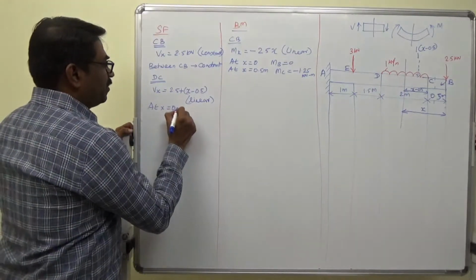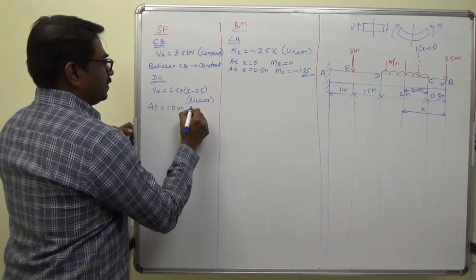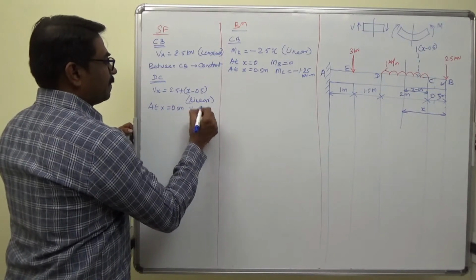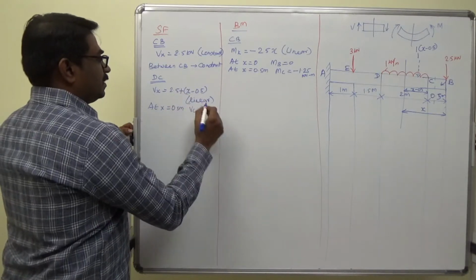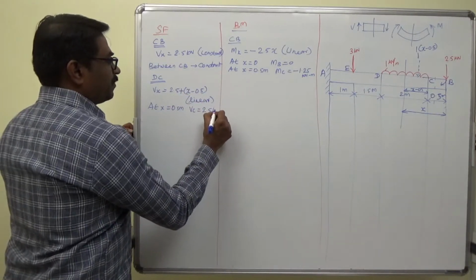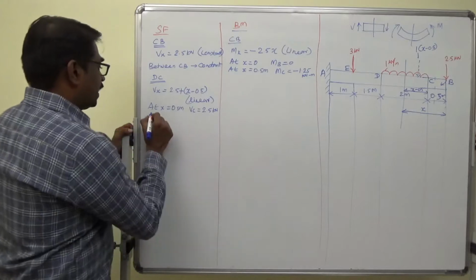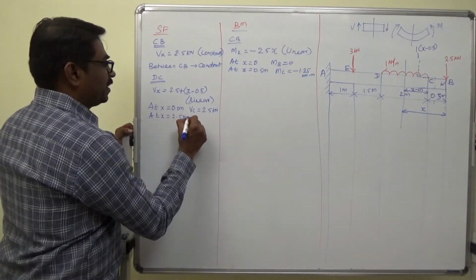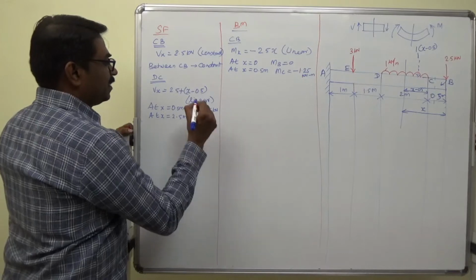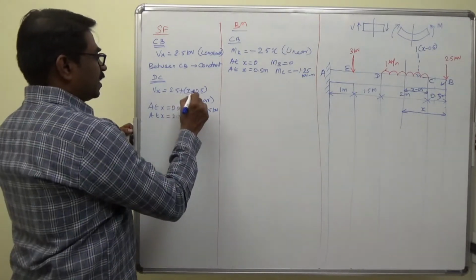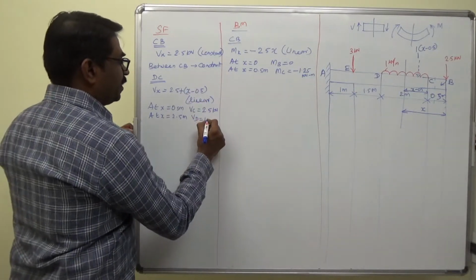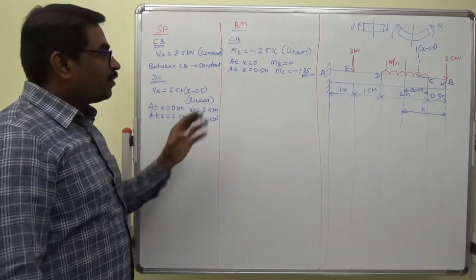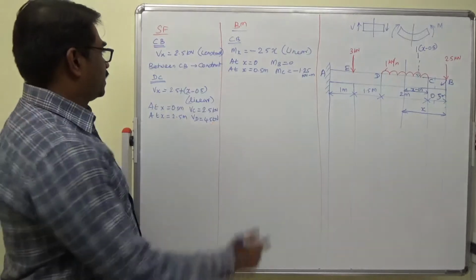So at 0.5 meter, we are at C, and we get 2.5 kilonewton. At x equal to 2.5 meter, we are at D, we get 4.5 kilonewton. Now we will move on to the bending moment.